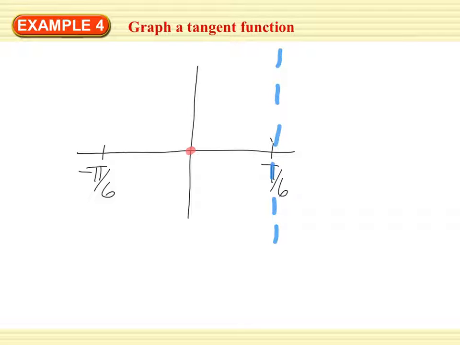Asymptotes, usually just as we practice, we'll get a dotted line up and down, just like you see. And then the last thing we're going to graph is the halfway points. So pi over 6, halfway between that is going to be negative pi over 12, pi over 6 divided by 2, and positive pi over 12.